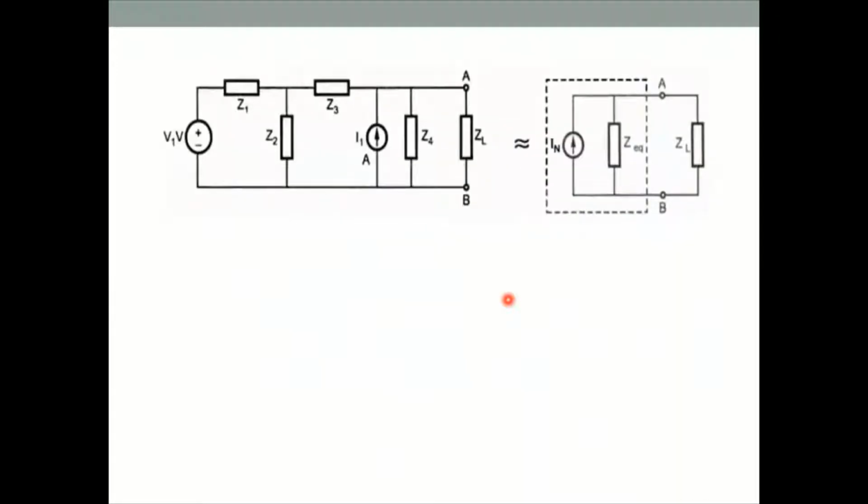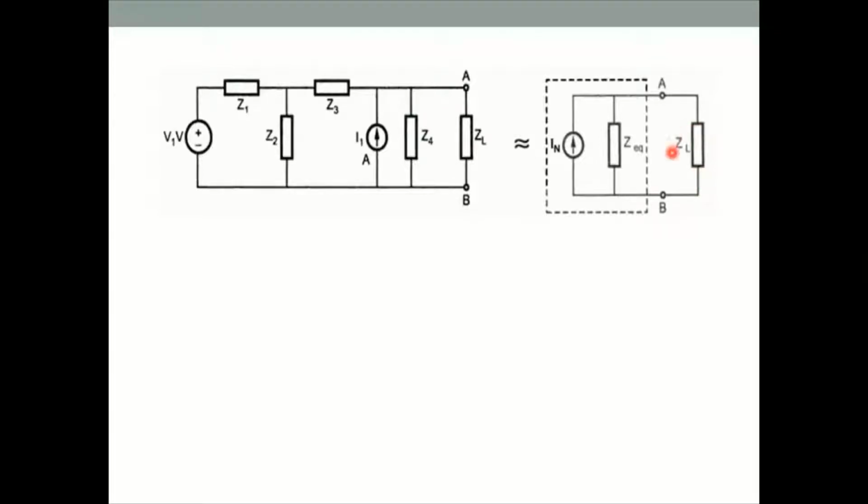We are going to understand this statement with the help of the circuit presented here. This circuit consists of multiple sources and multiple impedances. This statement helps us to convert this complex circuit into a simple circuit which consists of one current source in parallel with equivalent impedance across the load terminal ZL.